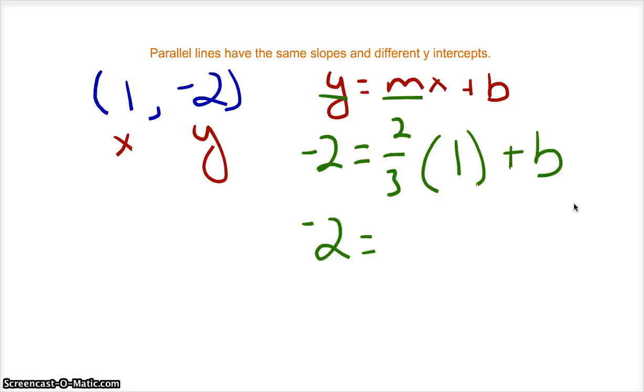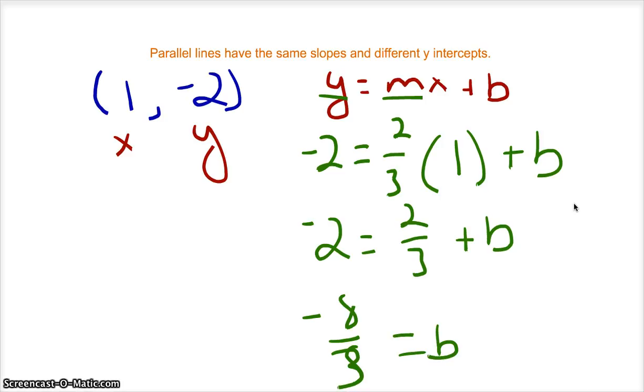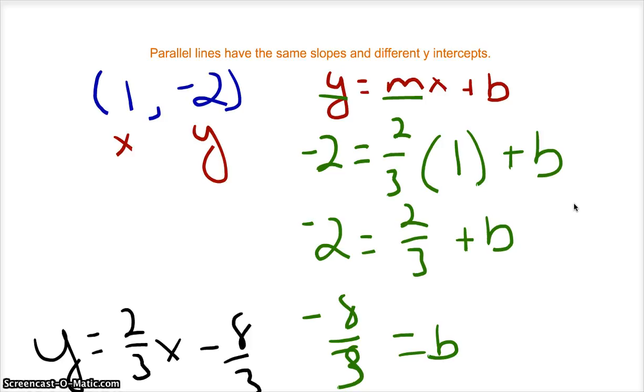So then I have -2 equals 2/3 plus b. Subtract 2/3 on both sides, so I'm left with -8/3 equals b. So my final answer would be y equals 2/3 x minus 8/3.